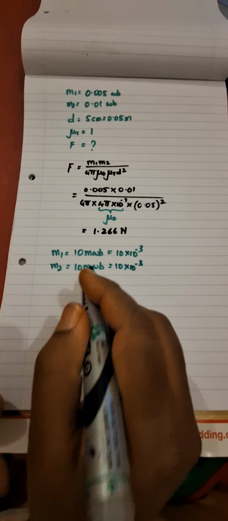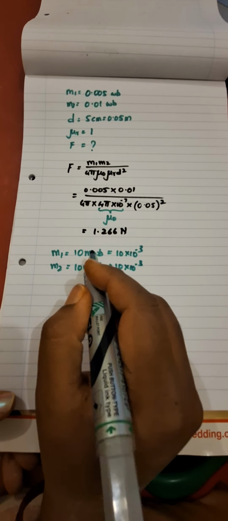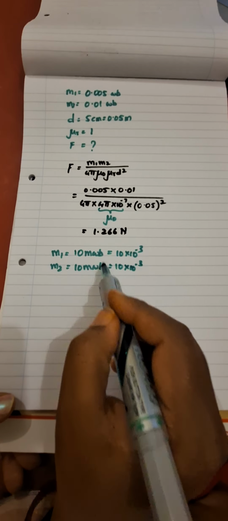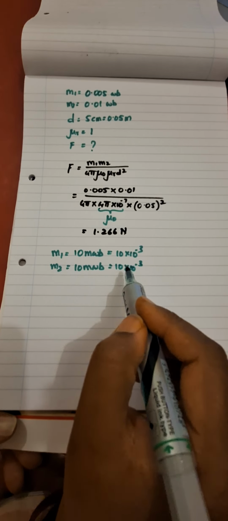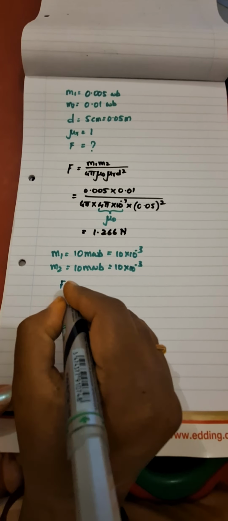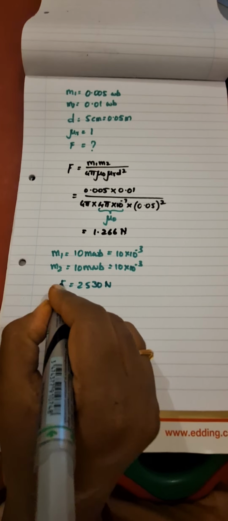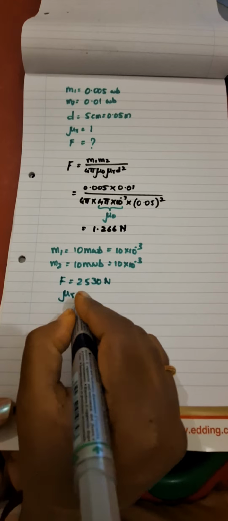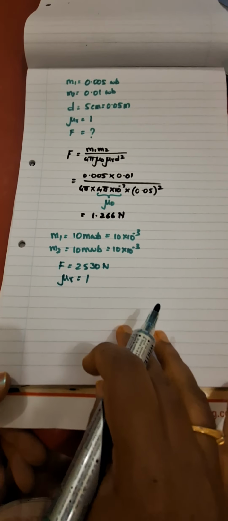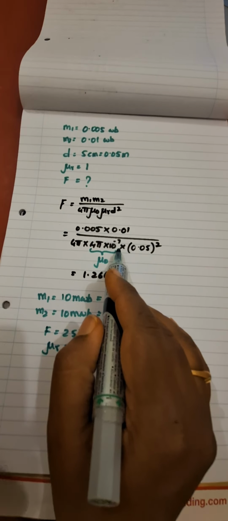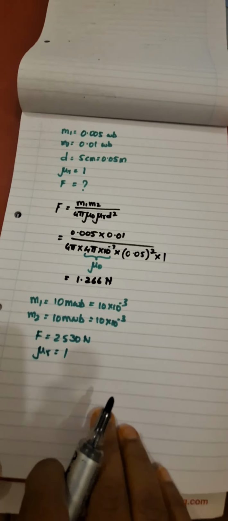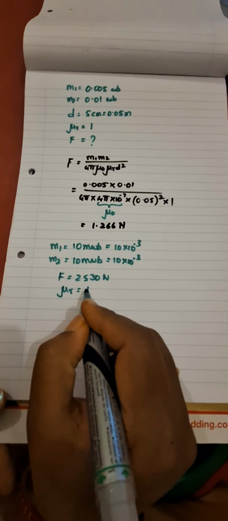Two magnetic poles each of 10 milliwebers are experiencing a force of 2530 newtons when placed in air. In air means mu r is 1. I think it's better I write that mu r is 1.